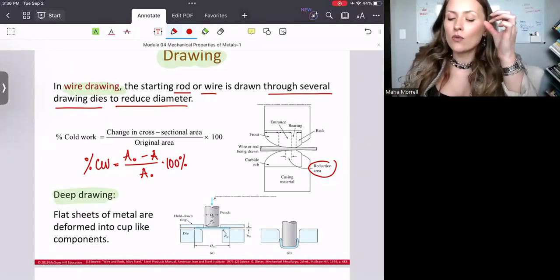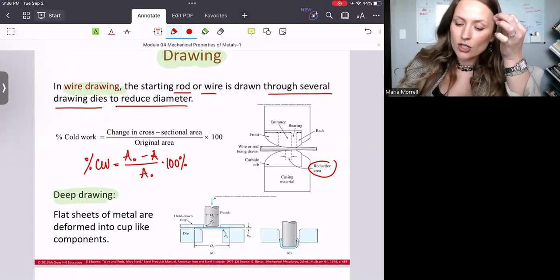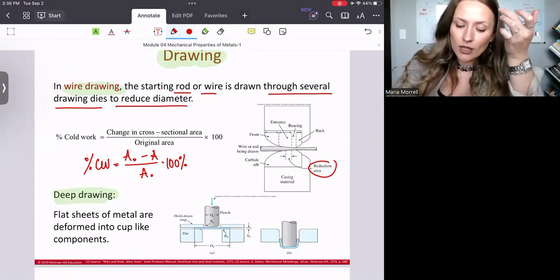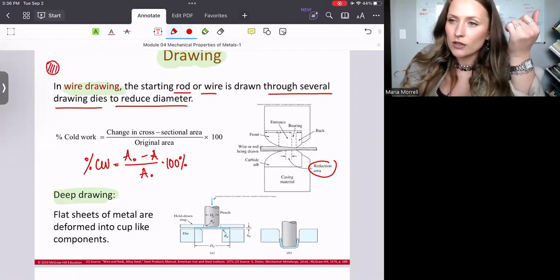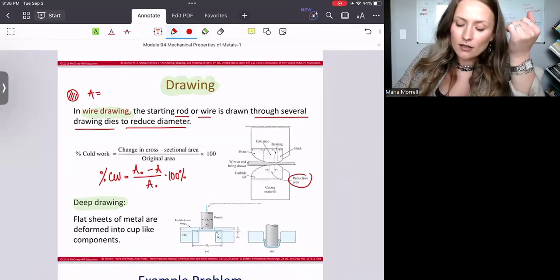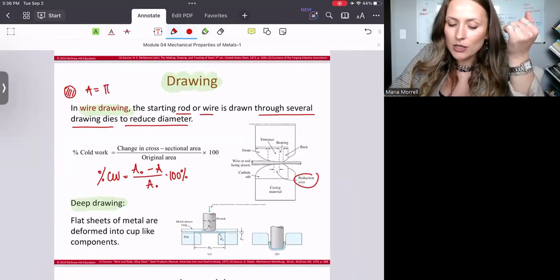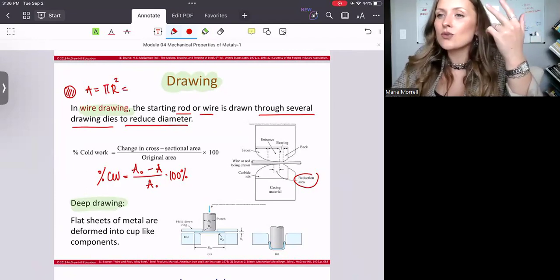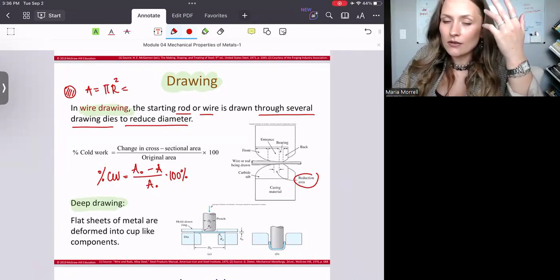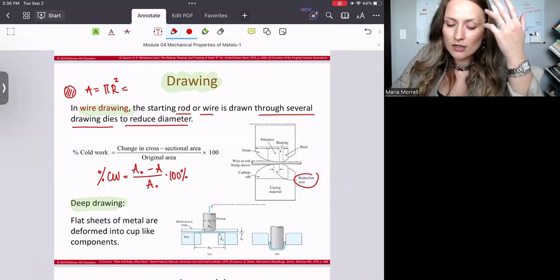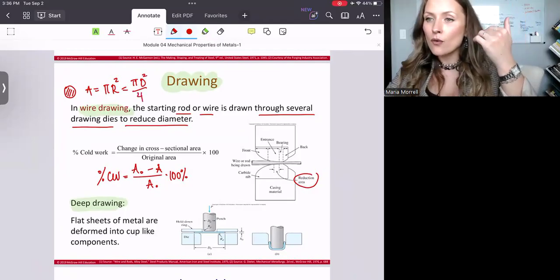Now, I want you to think of the wire and I want you to think of the cross-sectional area, right? What the area will actually look like. It's going to look like this, right? And now hopefully people remember that the area in this example is going to be πr squared. Or if I am to use the diameter, that means it's going to be π d squared divided by 4, right?